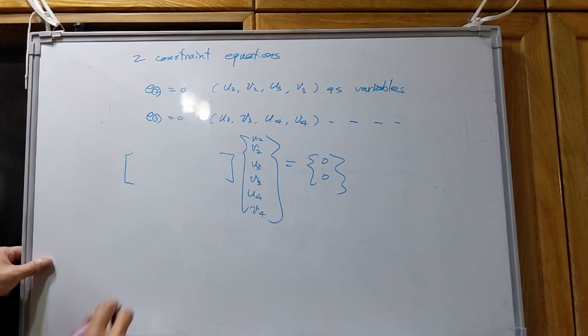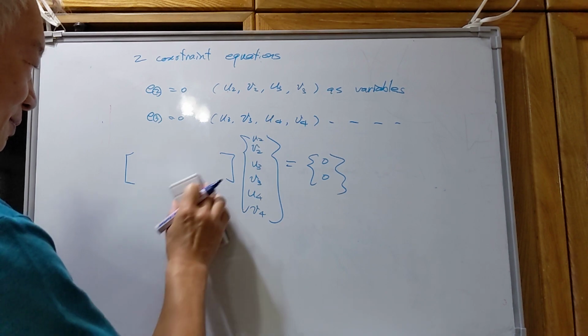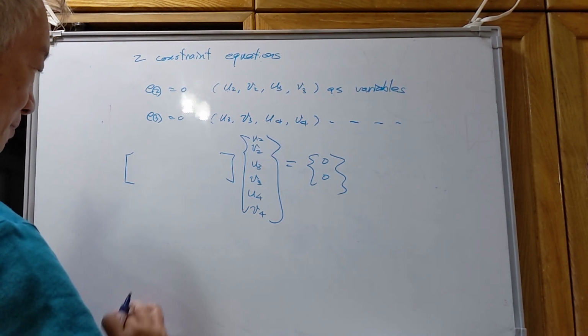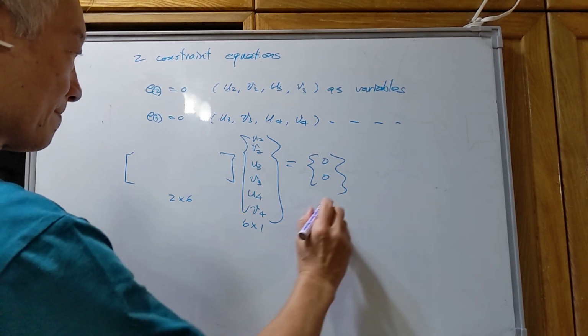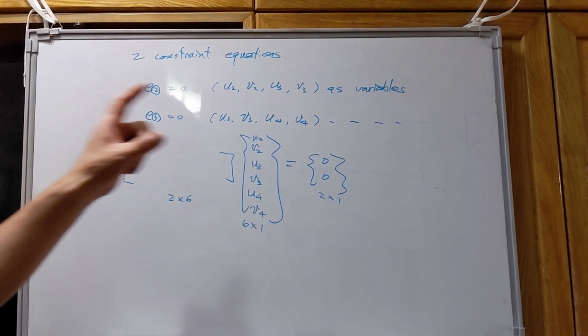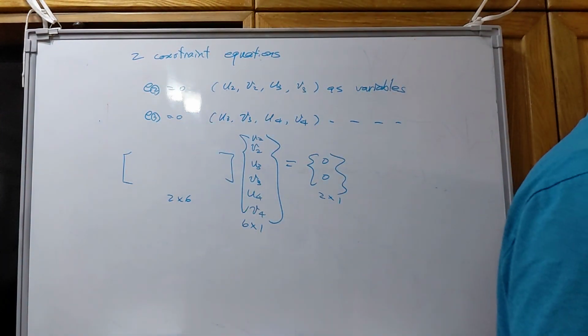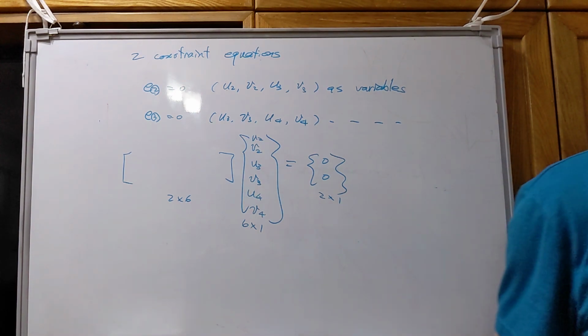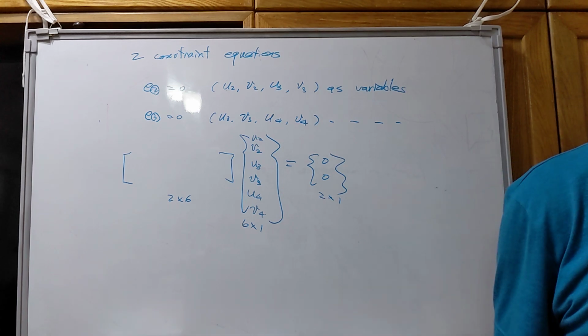Which is a 2 by 6 matrix. So you can write down these two constraint equations.